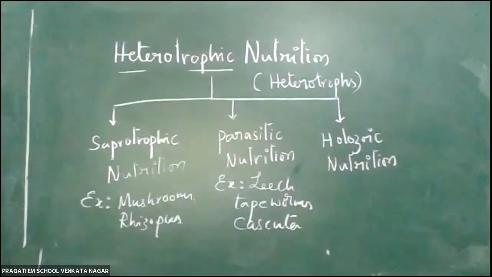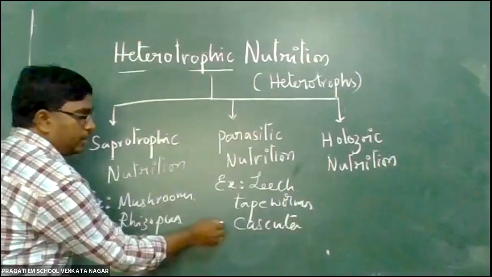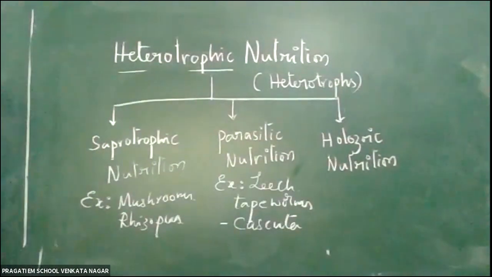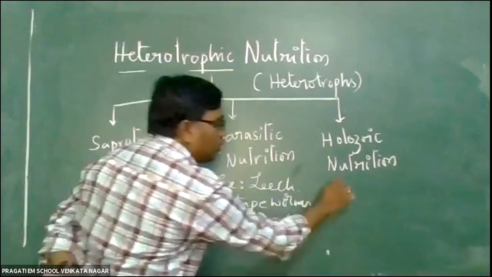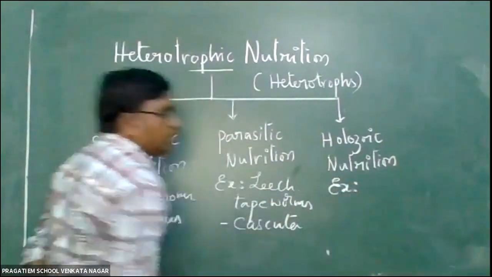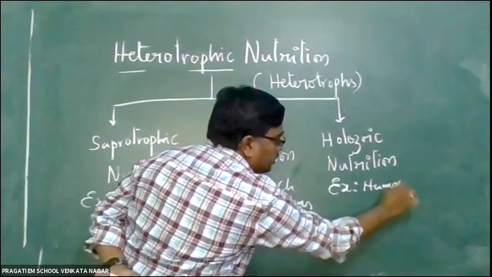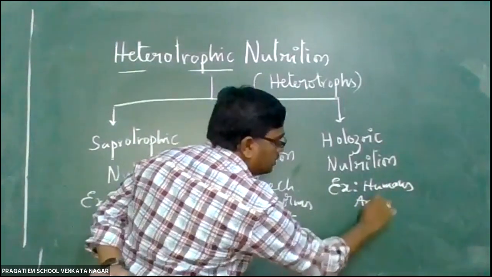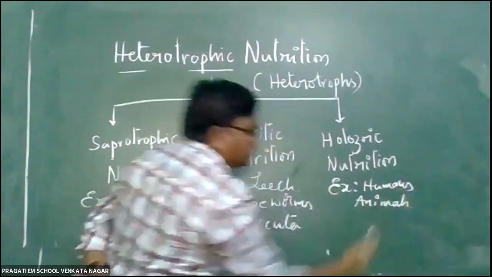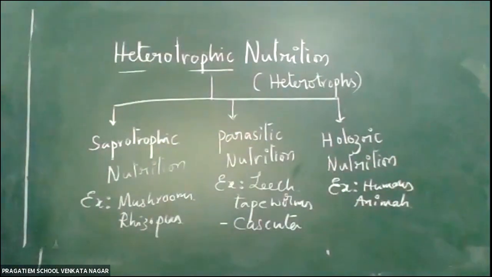Examples for holozoic nutrition are humans, animals, and some unicellular organisms like amoeba.